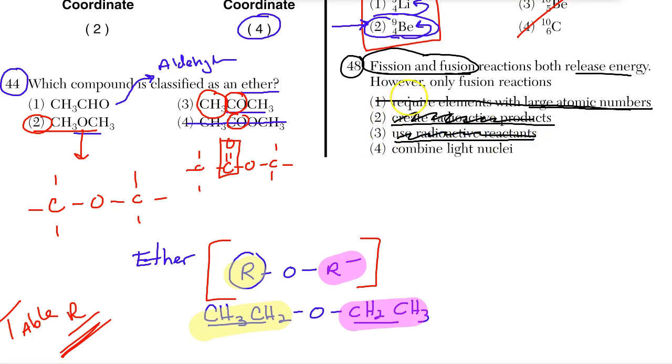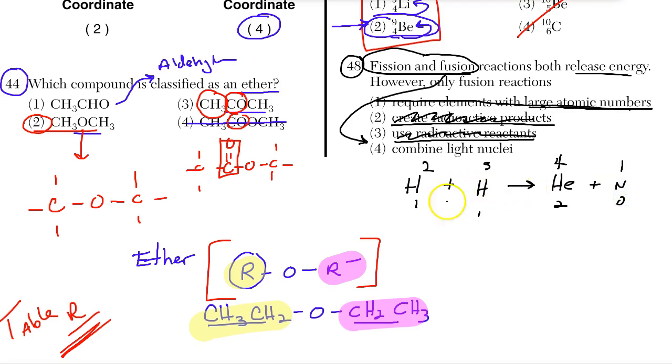The only one that explains fusion is this: fusion is when we take a heavy hydrogen and another heavier hydrogen, called tritium sometimes, and put them together, and we get a helium nucleus, a 4, and then a neutron, a 1 and a 0. Here we're using light nuclei. They're fusing, coming together, and that's one way to remember what fusion is. So 48 is 4.